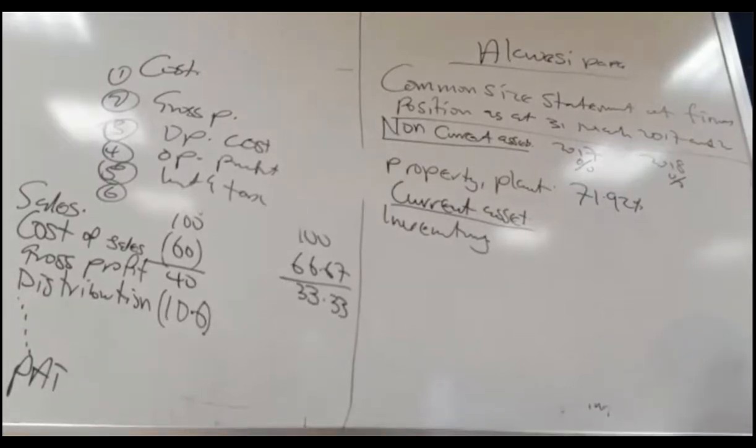Let's take it again. If you want to provide analysis, if it is just 1 year, for instance, only 2017, then you start like this. Cost of sales represents 60% of sales, giving a gross profit to sales of 40%.